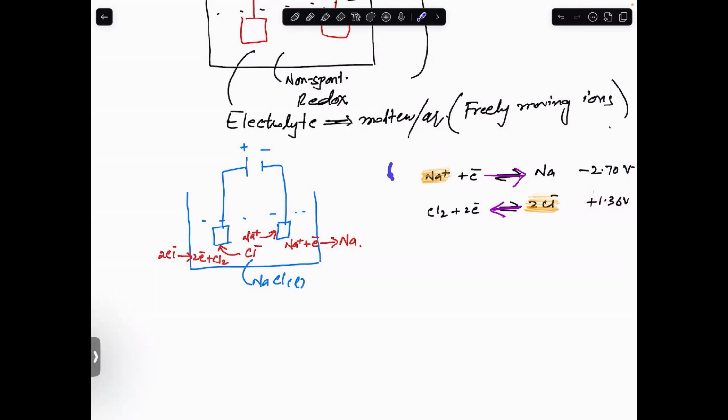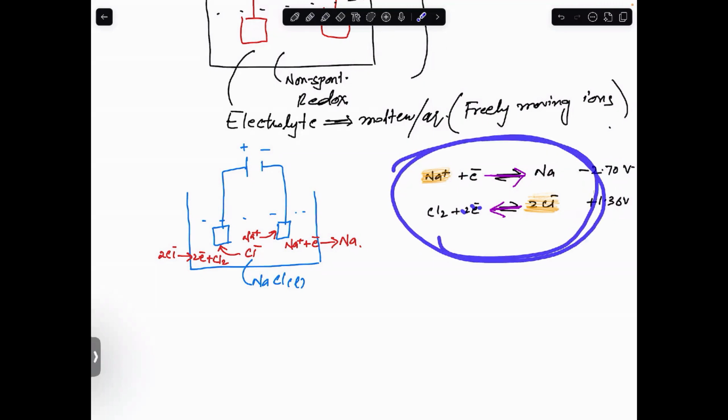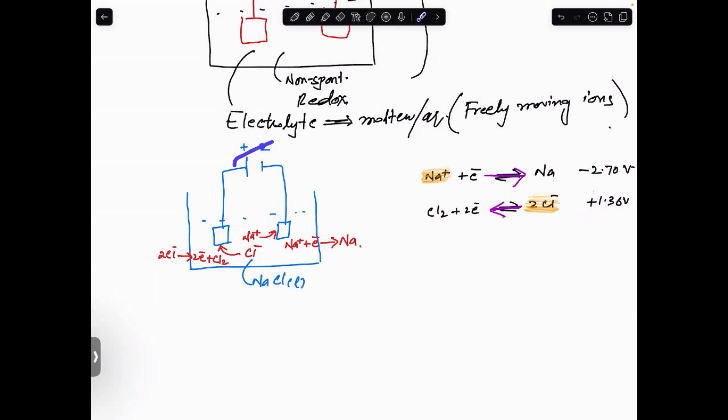So this reaction is not occurring on its own. That's not the case here. We have to make this reaction happen by force. How? By provision of the potential difference.